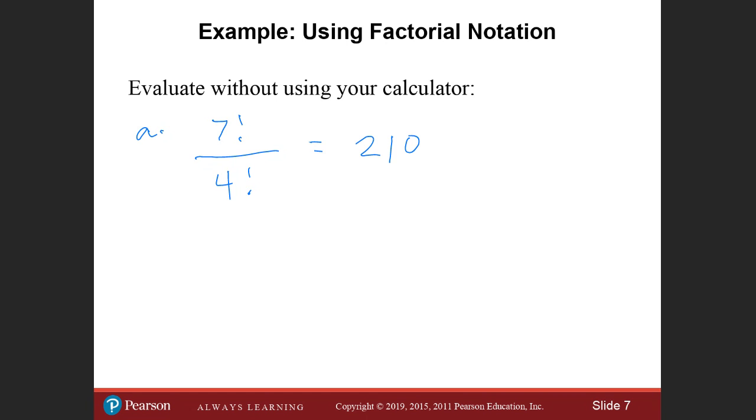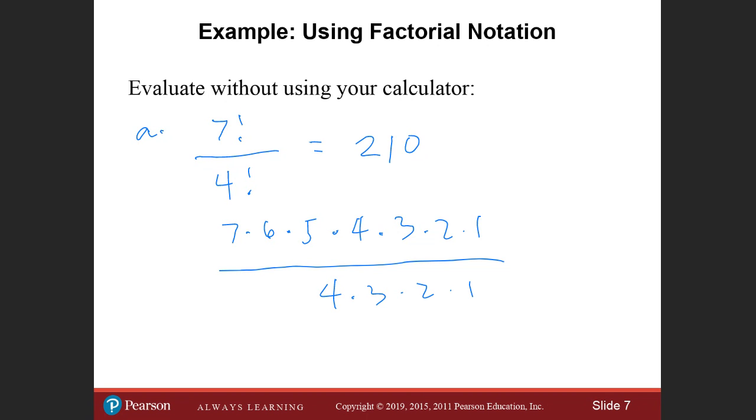Doing this another way, you can do the normal factorial in descending order: 7 times 6 times 5 times 4 times 3 times 2 times 1. And do the same at the bottom: 4 times 3 times 2 times 1.